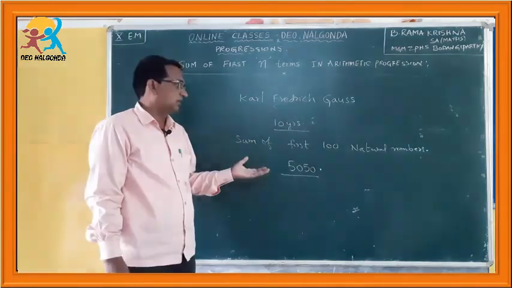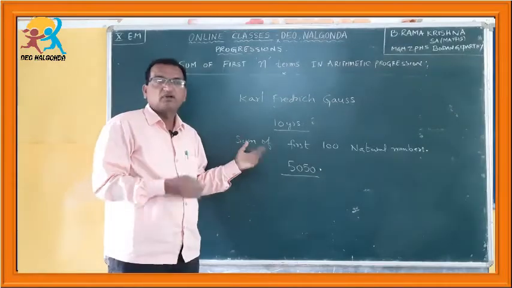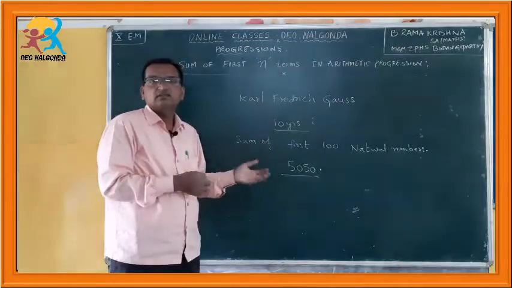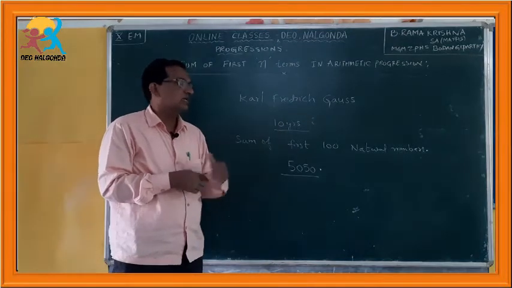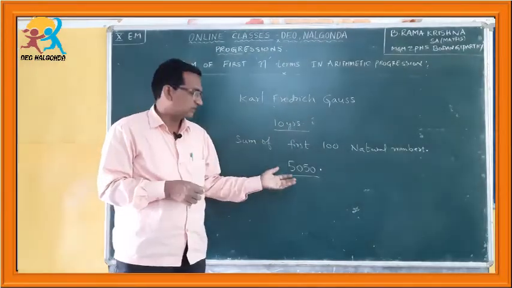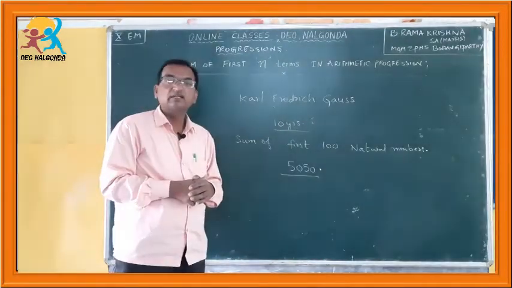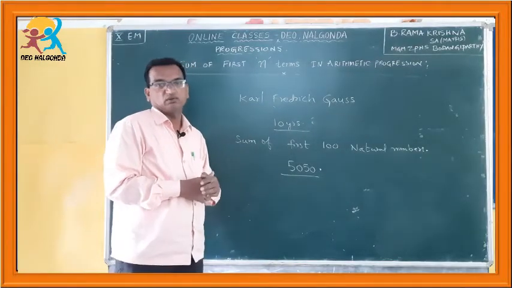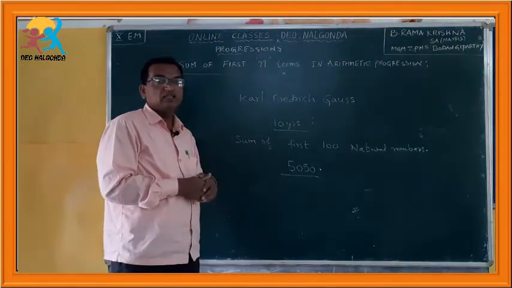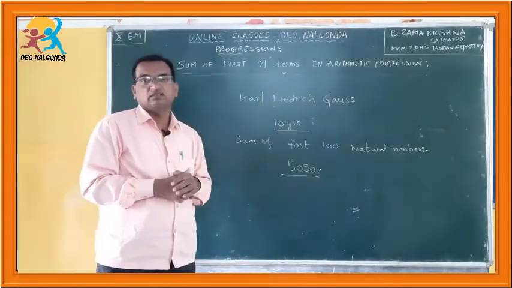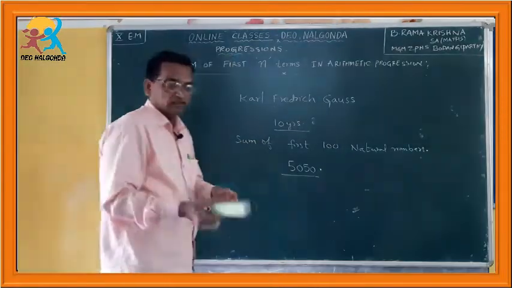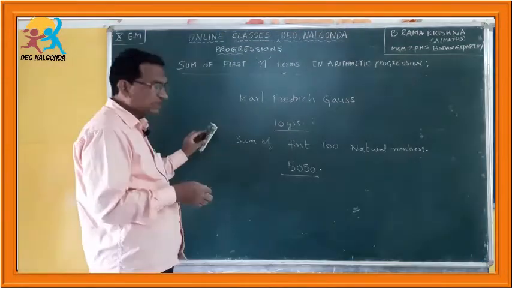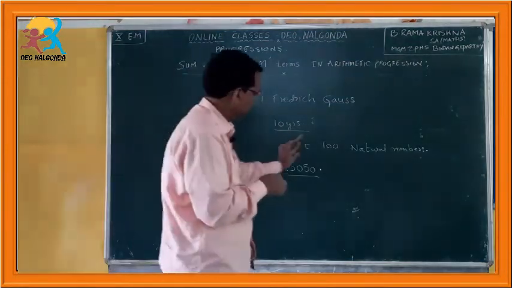Within no time, while other children were counting, he told that the sum of the first 100 natural numbers is 5050. Is there any magic? No. He used his logic and applied his intelligence. Let me tell you how he calculated that.